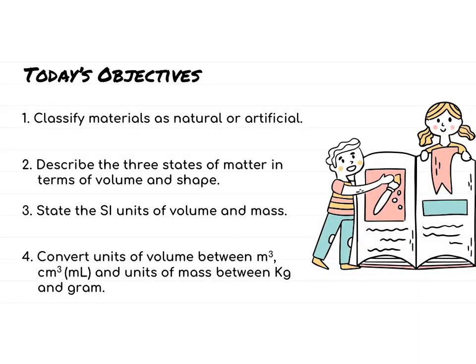So, at the end of this session, you have to be able to classify materials as natural or artificial, to describe the three states of matter in terms of volume and shape, state the SI units of volume and mass, and convert units of volume between meter cube and centimeter cube and units of mass between kilogram and gram.